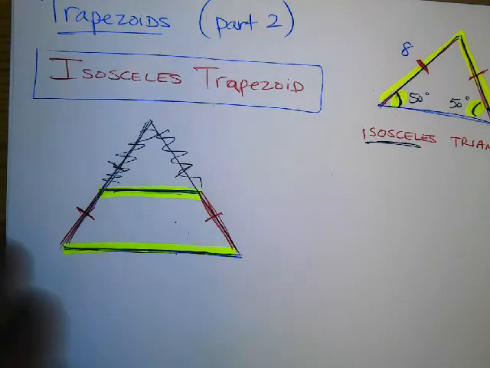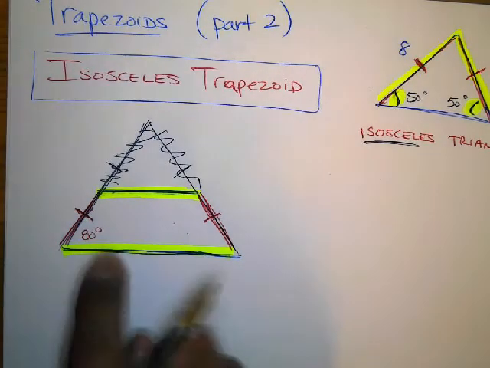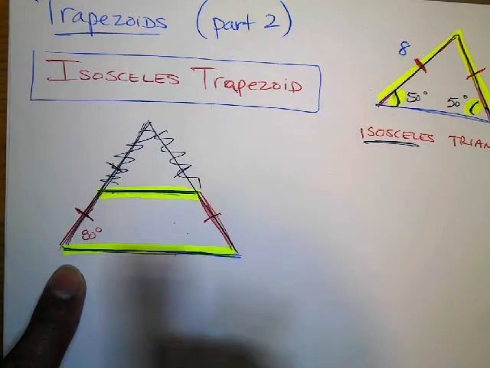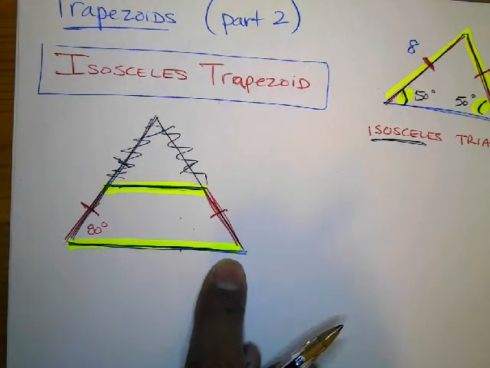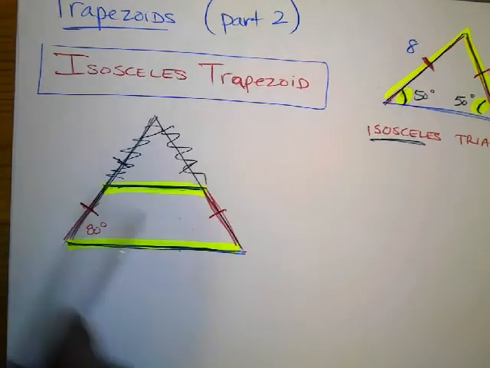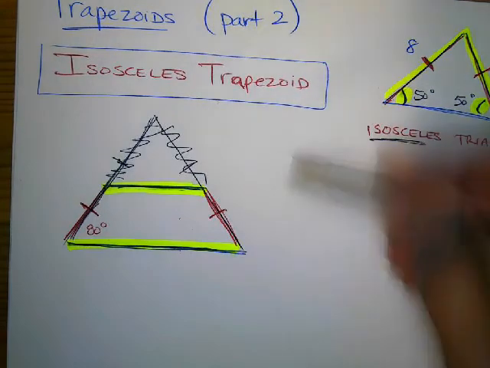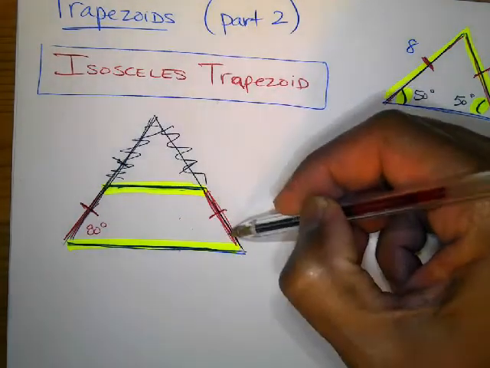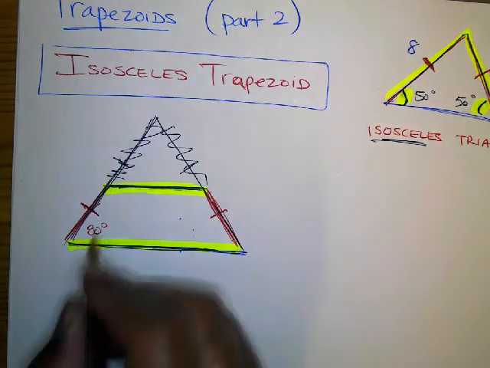So now, let's say this one's like 80 degrees, well, now we're going to know this one. There is a relation for this special type of trapezoid, only if it's isosceles. This side and this side are not parallel.